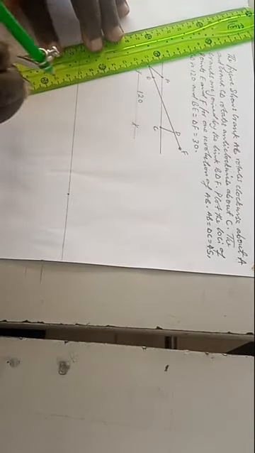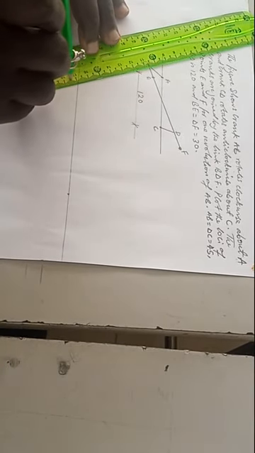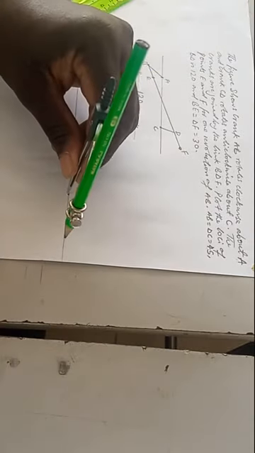So if I pick this point, 45 should be able to enter into that place. Let's see. Yeah, this is okay.